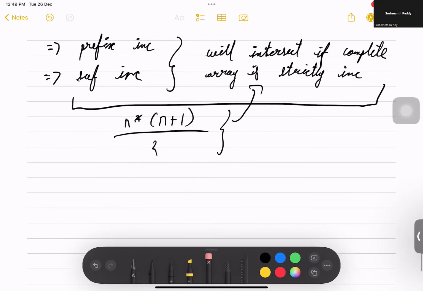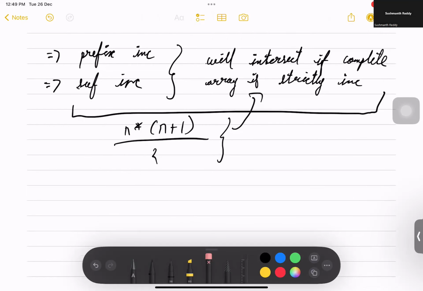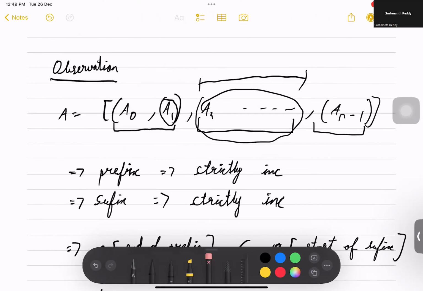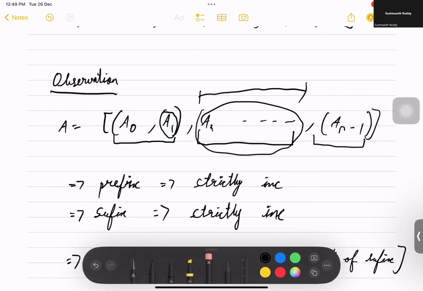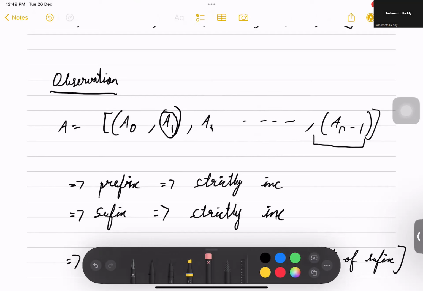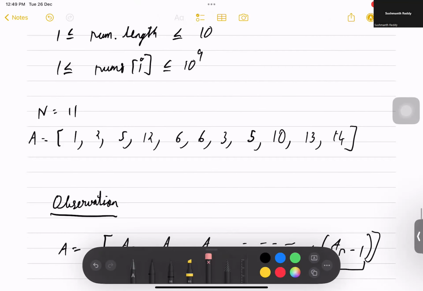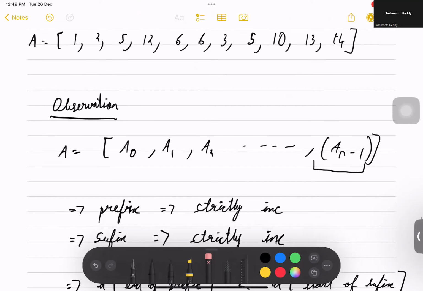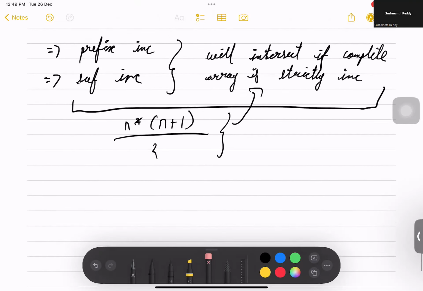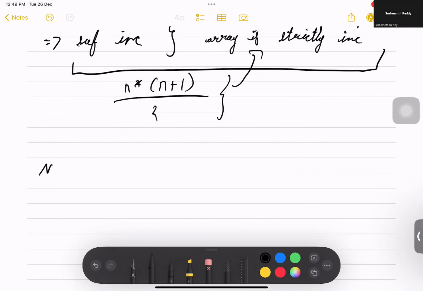So now we know that the prefix and suffix intersecting case is already handled. Now let's see how we can solve the non-intersecting case. For that, let us consider this example. Let me write out the same example here, and we can look over how we can solve this.